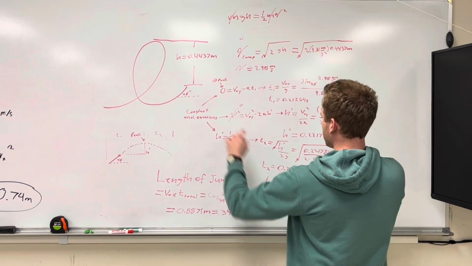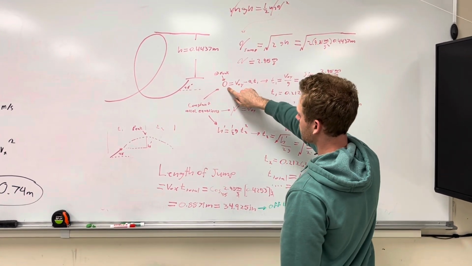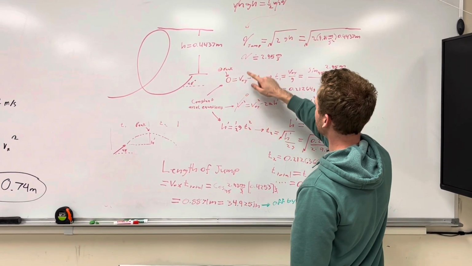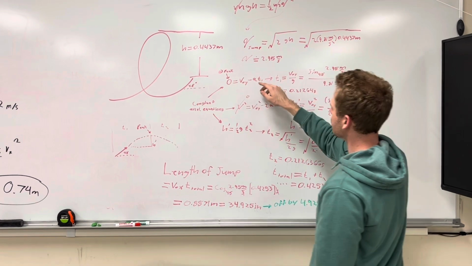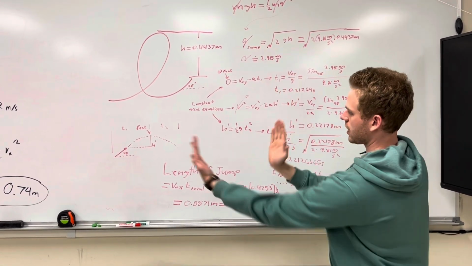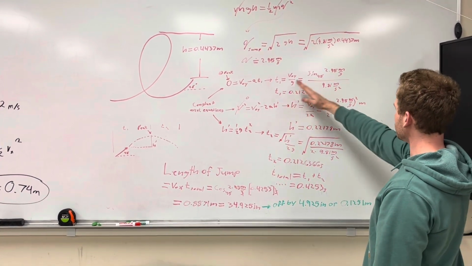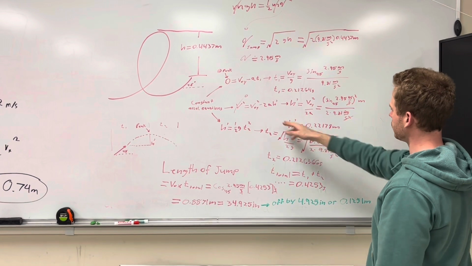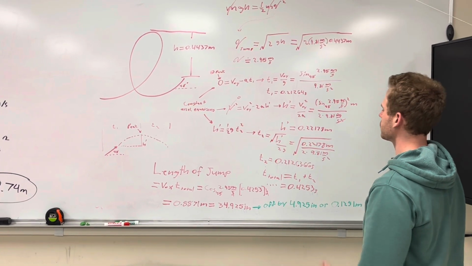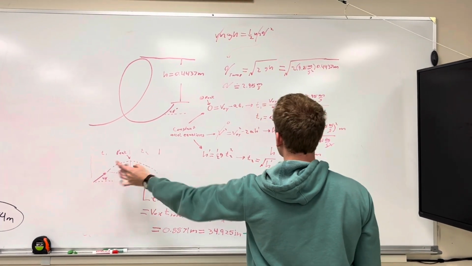Using a constant acceleration equation for t1, your final velocity is 0 because you're at the peak. So that's the y component of your jump velocity minus the acceleration due to gravity times t1. I solved for t1, and t1 equals 0.21264 seconds. This is the amount of time from the jump to the peak of the jump.